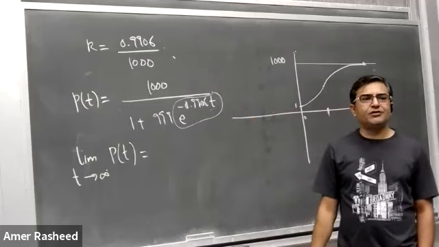E raised to the power negative infinity is what? It is 0. So this whole factor will become 0. And what do we obtain? We obtain 1,000, which is the carrying capacity, or the maximum number of students present in the campus.